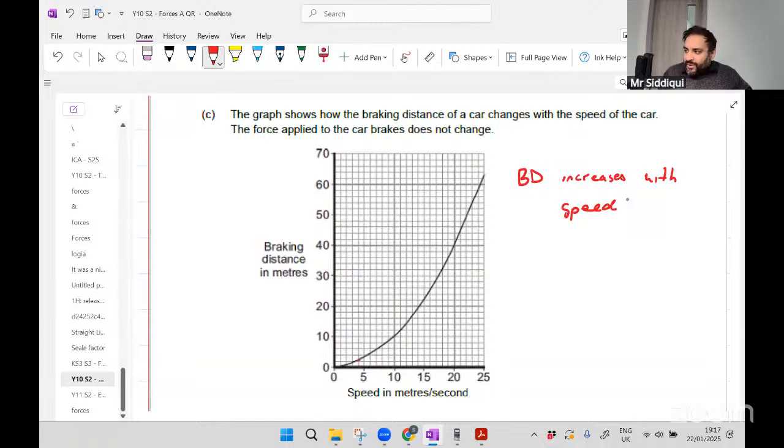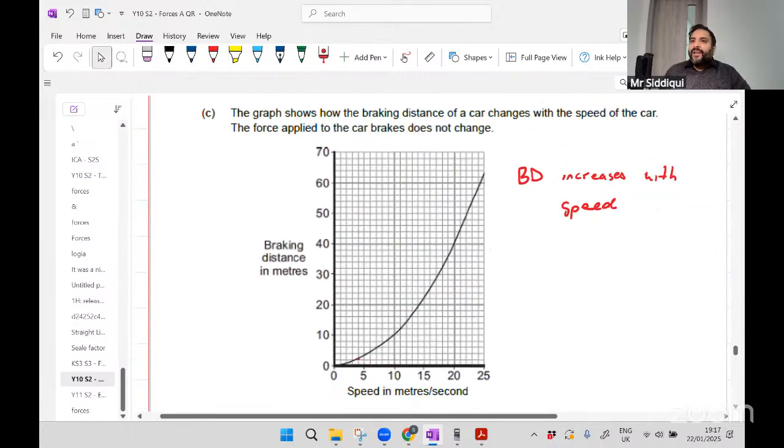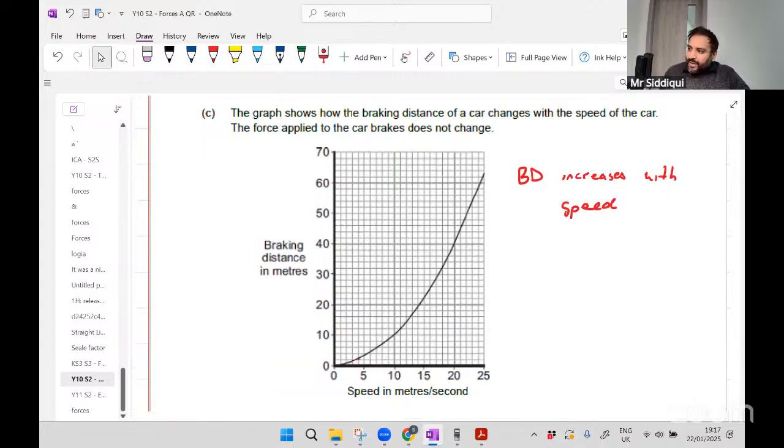But then what you need to say, for how many marks is this? Two. For another mark, with any graph that isn't a perfect straight line, you need to understand why it's not a straight line. The reason this is not a straight line is essentially because at lower speeds, your braking distance increases more slowly. It doesn't increase as much. Whereas at higher speeds, you can see the line gets steeper.